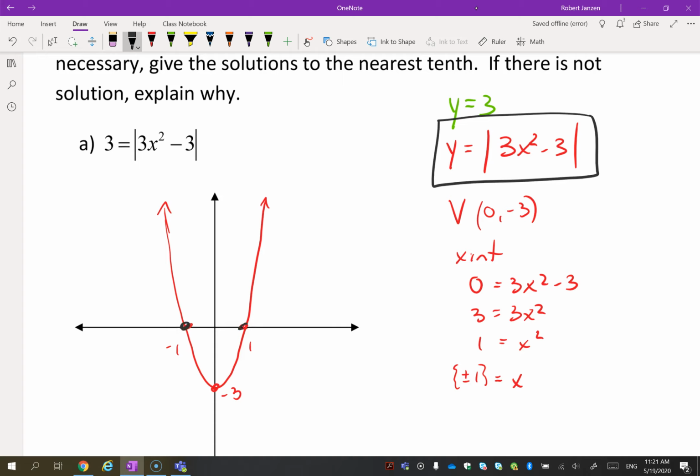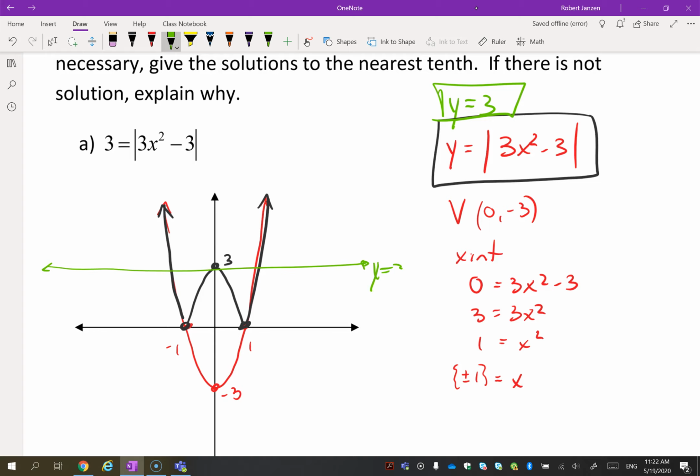So at the critical points, I will keep the positive part, but this negative part will become positive. Okay, so that's the absolute value. Now let's graph just y equals 3. So that will look like this. Y equals 3.